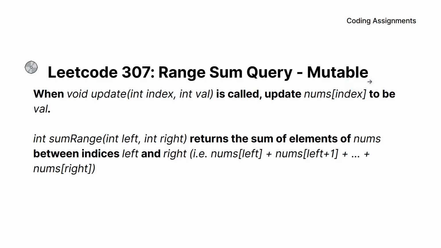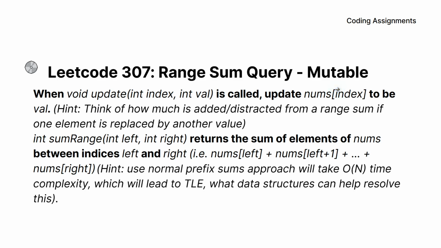When void update with parameters index and val is called, update nums[index] to be val. And the function sumRange with parameters left and right will return the sum of elements of nums between indices left and right, that is, nums[left] plus etc. to nums[right]. We have 2 hints for this one.